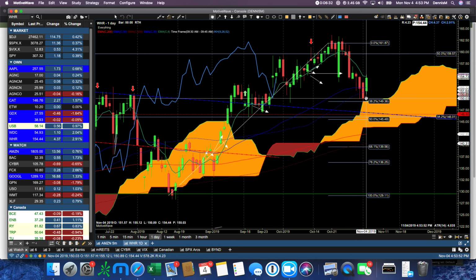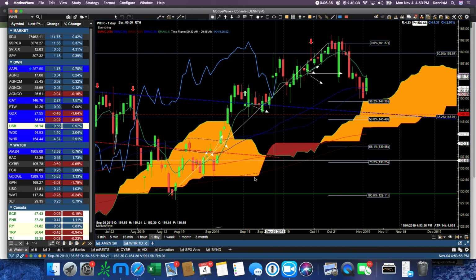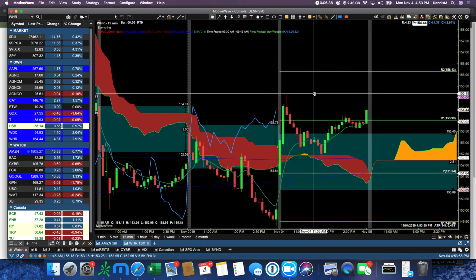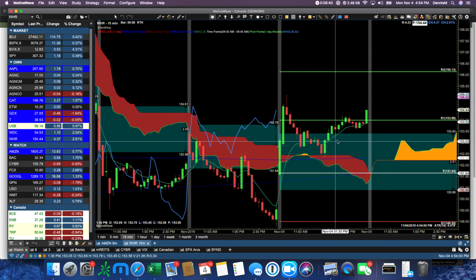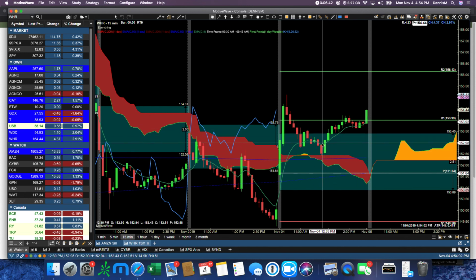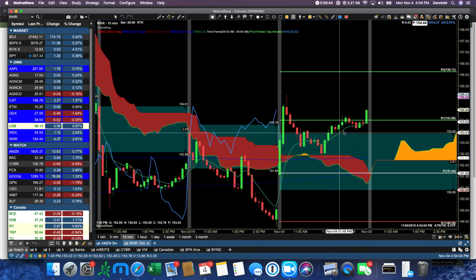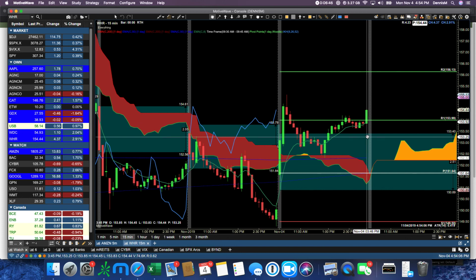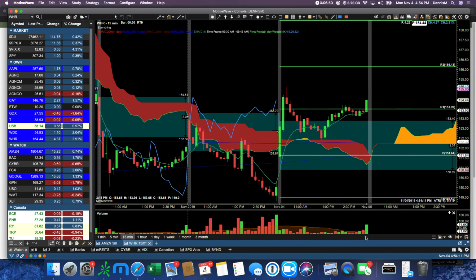And I may just sell puts in Whirlpool tomorrow. I almost did it today, but it was pulling back, and then it rallied upwards. It rallied up a little bit ahead of the market and finished up with a fairly good close and fairly strong daily volume right at the close there.